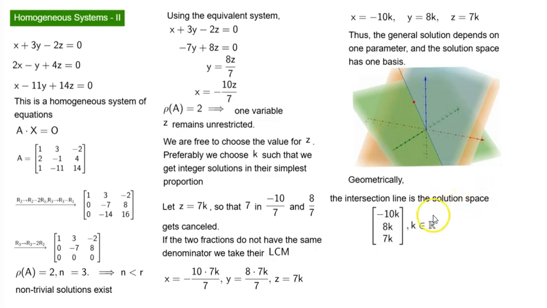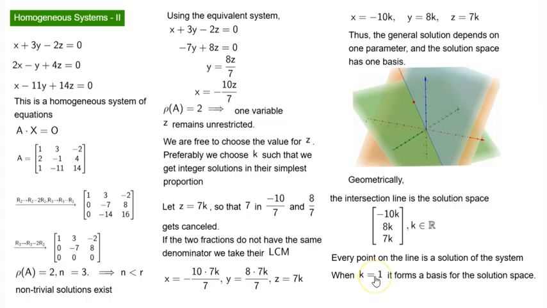So the intersection line is the solution space, which is given by this matrix, [minus 10k, 8k, 7k], where k is in real numbers. Every point on the line is a solution of the system. When k is equal to 1, it forms a basis for the solution space. So that was our first problem.